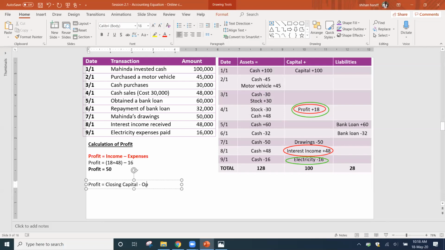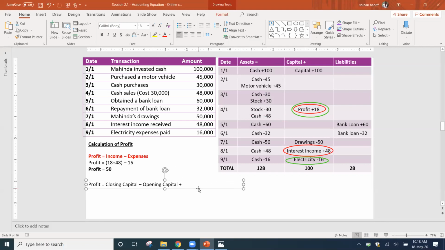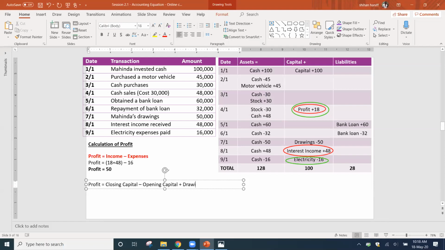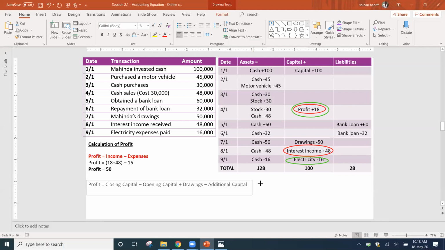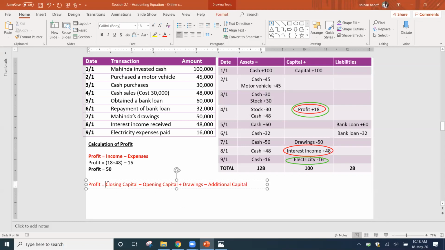Closing capital minus opening capital plus drawings minus additional capital. This is the equation. Profit equals closing capital minus opening capital plus drawings minus additional capital.